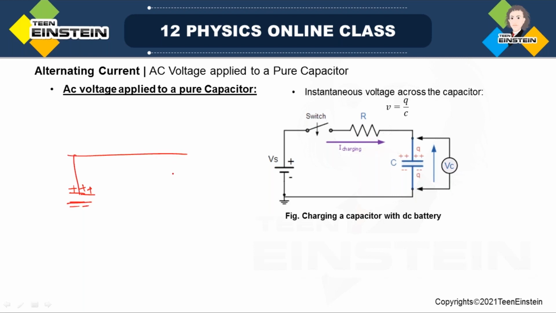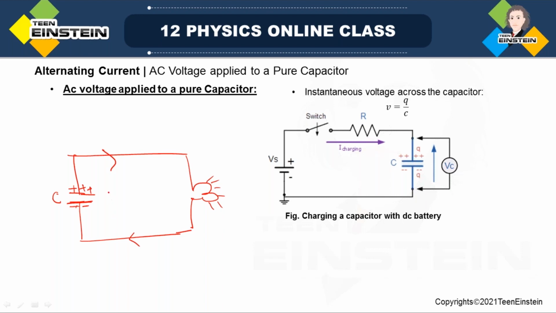Now if you use this fully charged capacitor to get some power, for some use, suppose you are charging your mobile and then using the mobile, or you just connect a bulb, then what will happen? The current will flow from this capacitor itself, and it will glow.